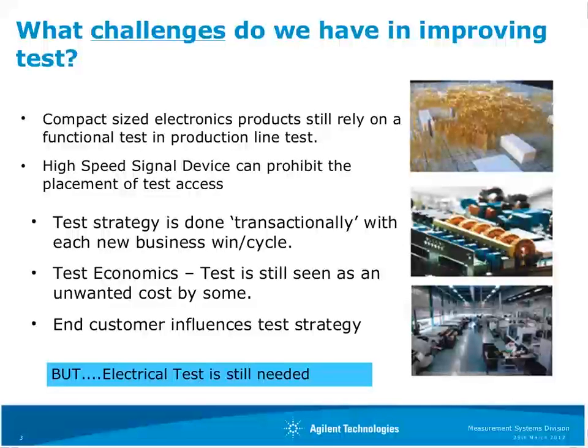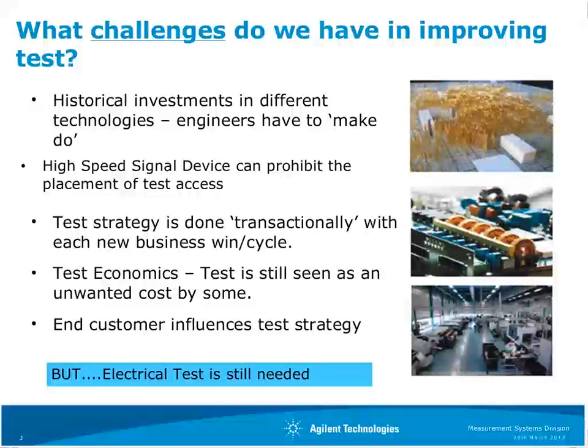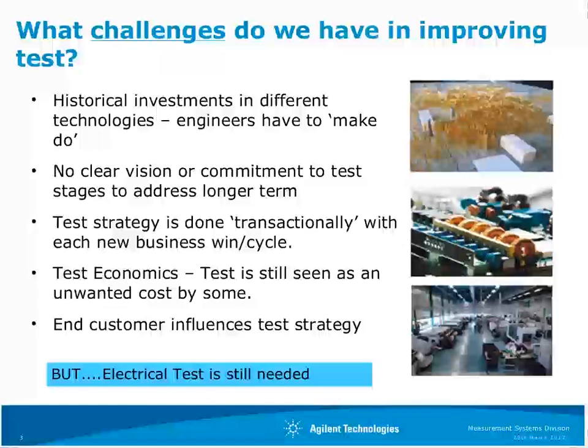We see that very often, because of this mindset, there's no clear vision or commitment to test stages to address for the longer term. And test strategy is sometimes done transactionally. With each win cycle of new business, maybe there's some small investments allowed. And also, test economics is not always seen as the best place to invest capital equipment.